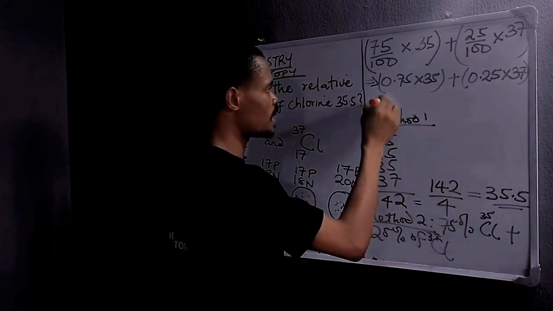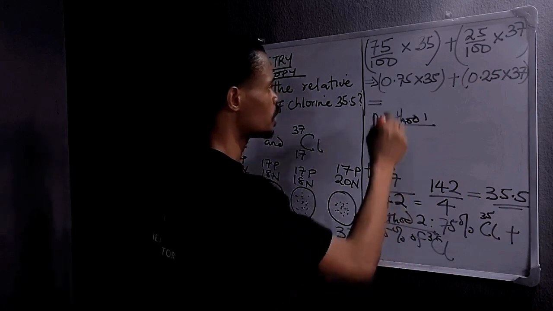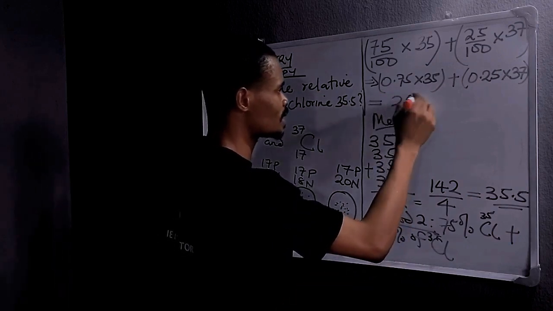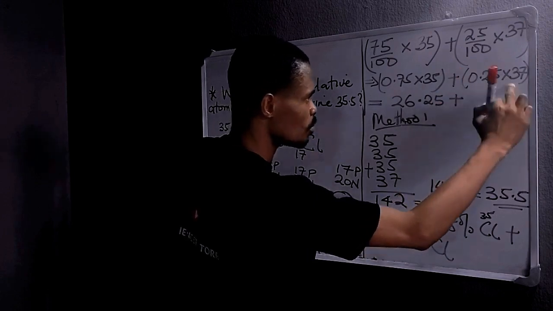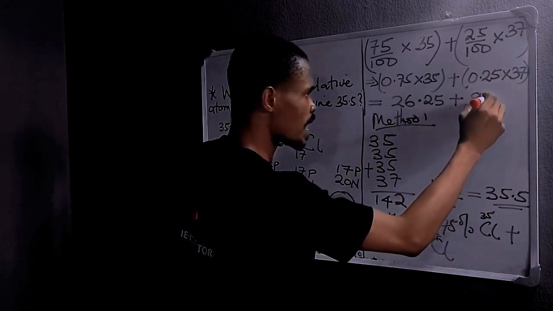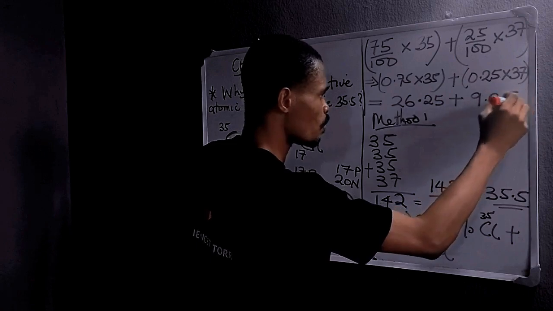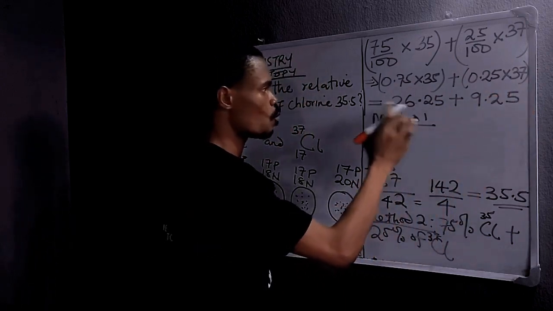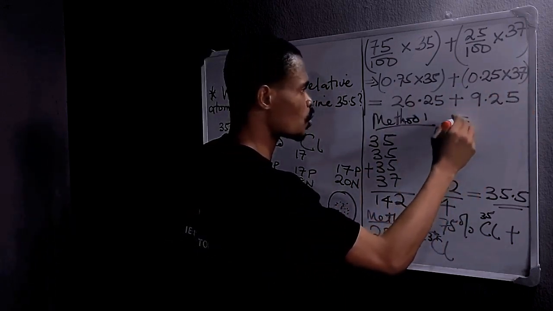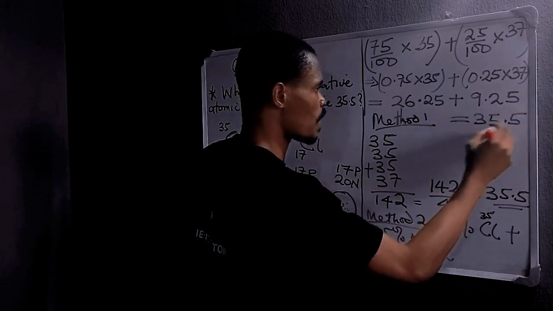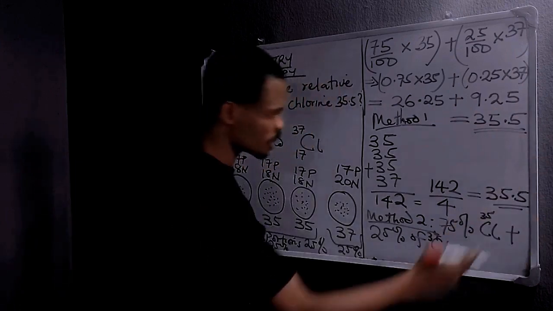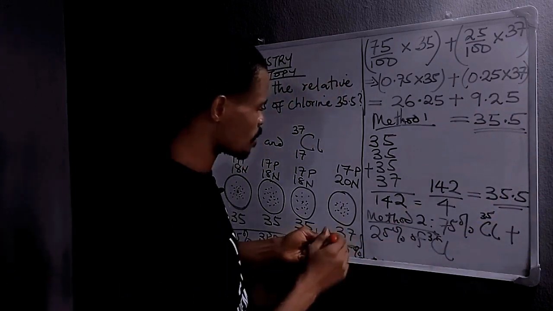Now when we multiply this, we get 26.25 plus 9.25. At the end of the day, when we add both figures, we arrive at 35.5. And see, we got the same value using either of the methods.